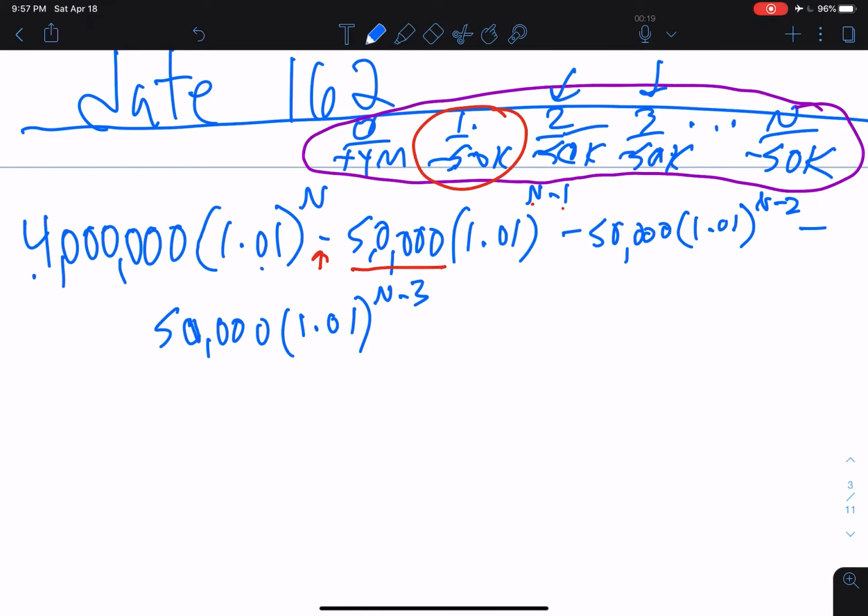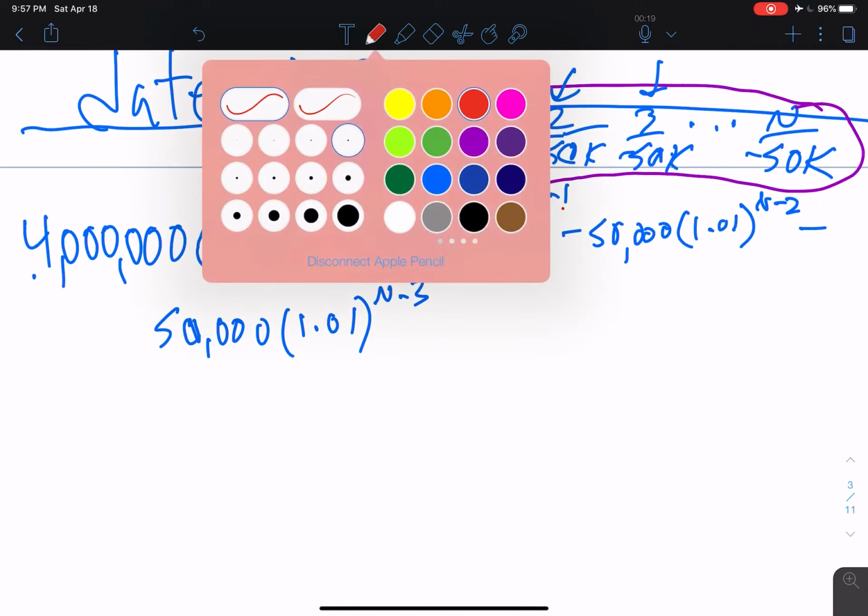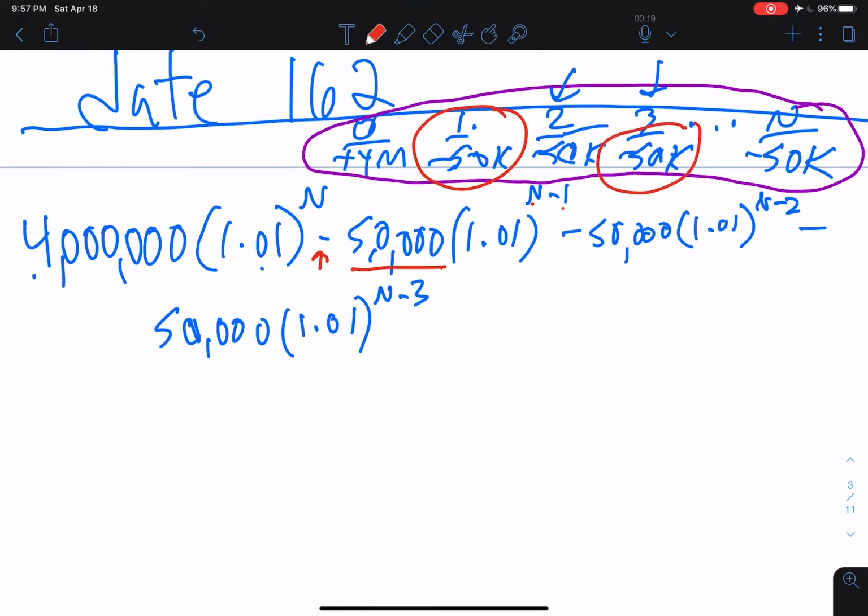This 50,000 right here will not earn interest at a rate of 1% a month for n minus 3 months. It will earn interest for 3 months at 1% a month. Okay? And then we go out here, minus dot, dot, dot, minus, and then here we have this last one, minus 50,000.